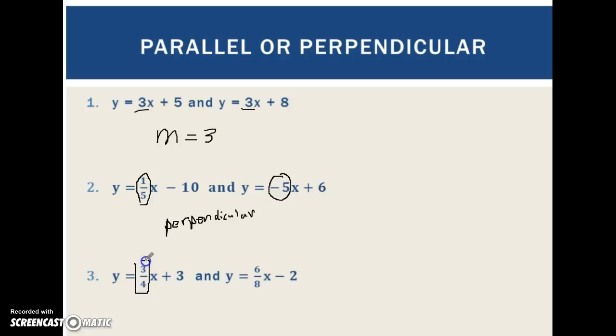This one has a slope of 3/4, and this one has a slope of 6/8. If we simplify the fraction on the right by dividing out a 2 from each term, 6 divided by 2 is 3, 8 divided by 2 is 4. So it actually has a slope of 3/4. So for question number 3, both of these equations are actually parallel.